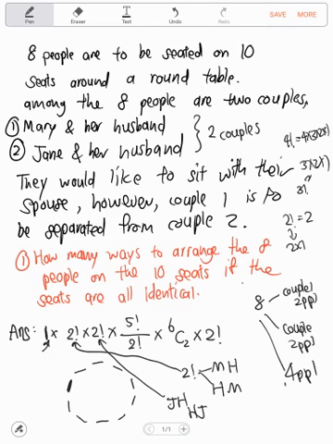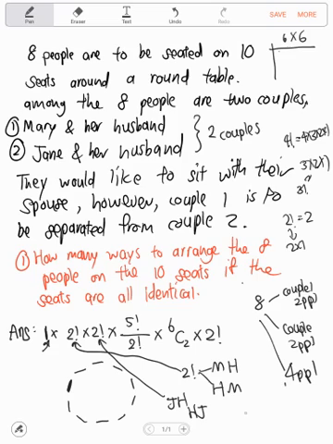It's just like if you are going to throw a die, die 1 and die 2, the total outcomes would be 6 times 6, 36. So you will multiply them, there will be 36 outcomes. In this case, the same thing is happening, because there are 2 arrangements for Mary and her husband, and 2 arrangements for Jane and her husband. So all together, they constitute 4 possibilities.